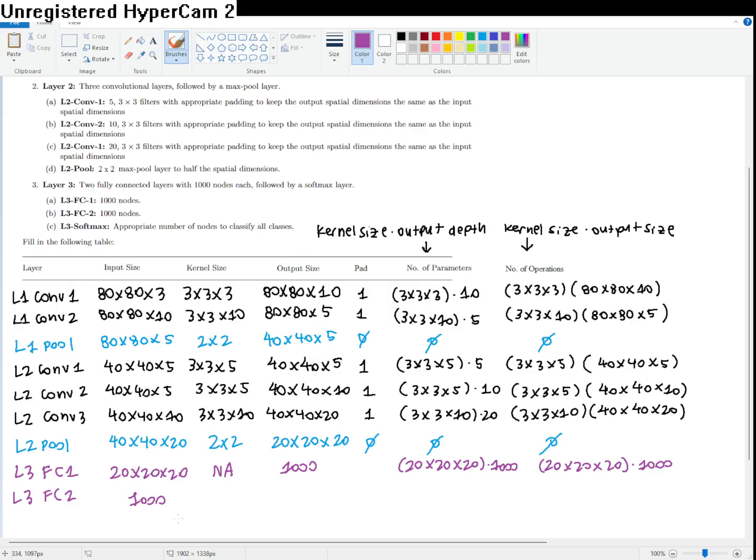It's the end. It's unwrapping. Now, I could put not applicable here, and then the output will be 1,000. And here we could just put nothing for the padding. This is going to be 1,000 by 1,000.